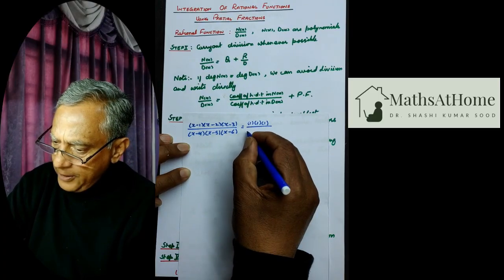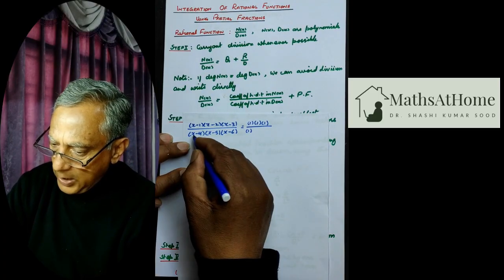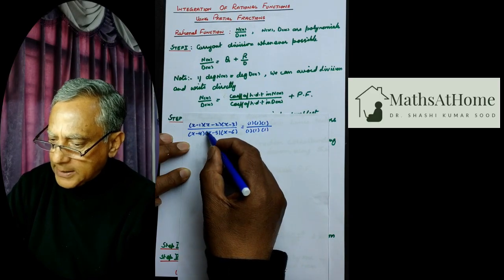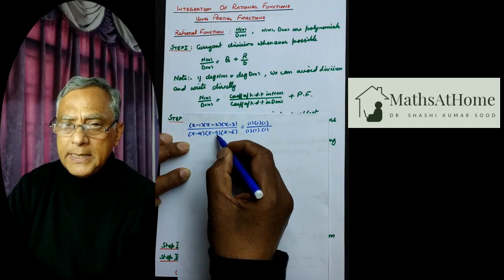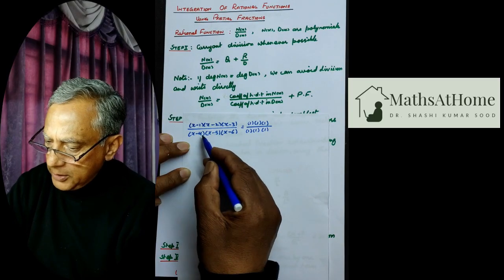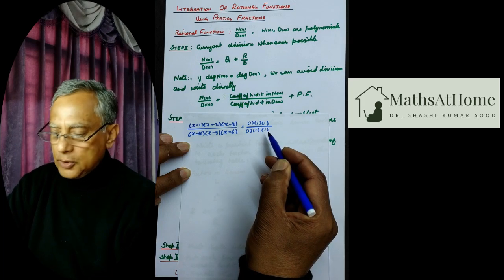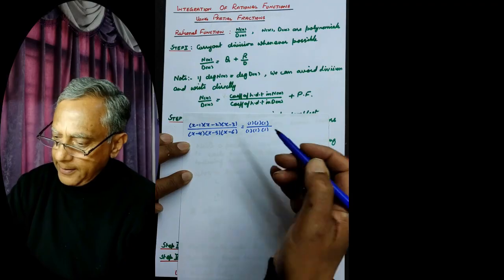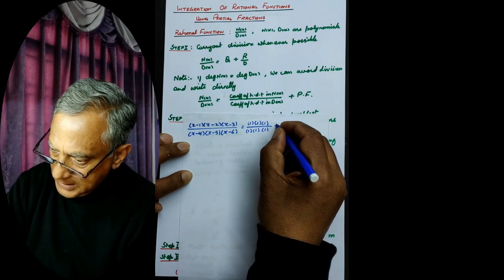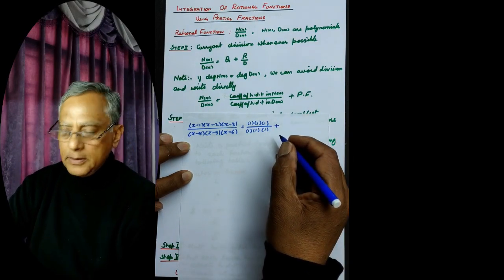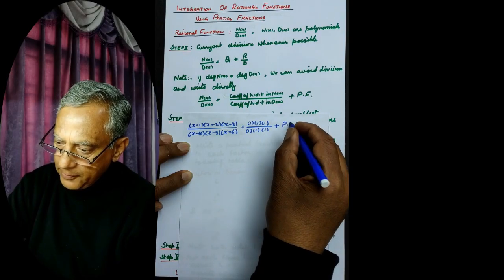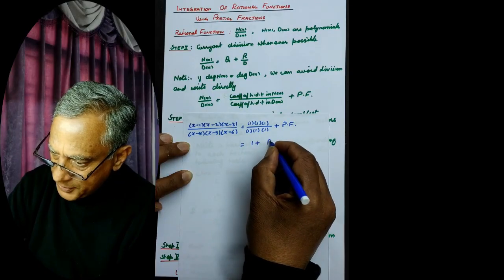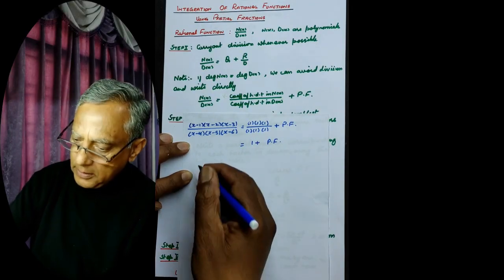If it is say 2x minus 5, then it will be 1, 2, 1. So write the coefficient of highest degree term in numerator as well as denominator, plus partial fractions. So this will be 1 plus partial fractions.